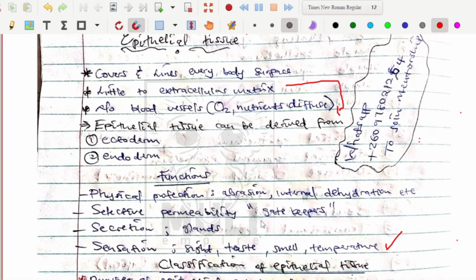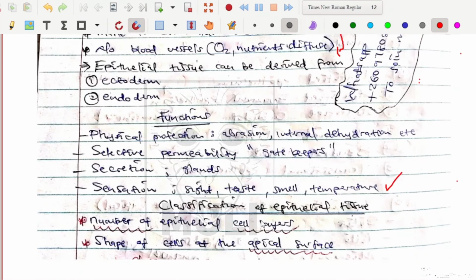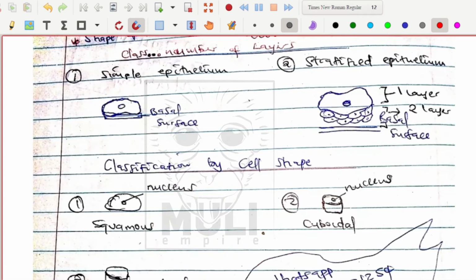Now rushing into classifications. They are classified in terms of layers of cells, and also the shape they have at their apical surface. What shape is it having? Because it will help you when it comes to the naming system. Looking at the number of layers, if it has 1 layer, it is a simple epithelial tissue. If it has more than 2 layers, it is called a stratified epithelium.